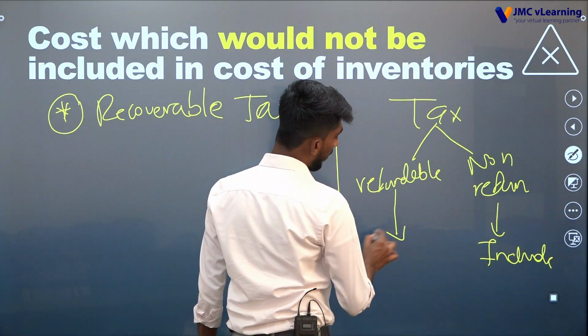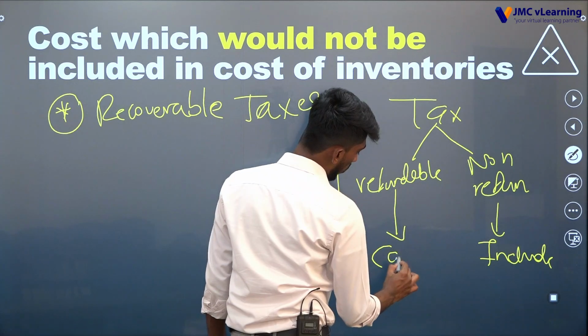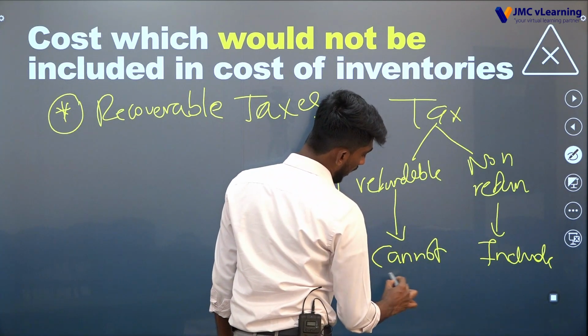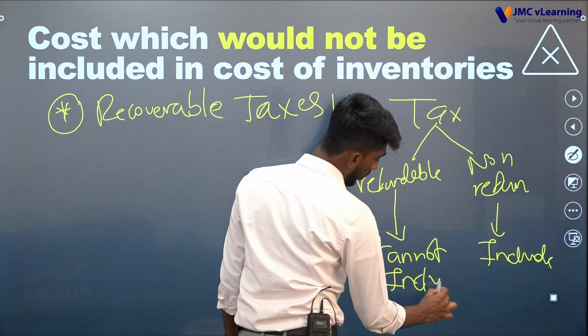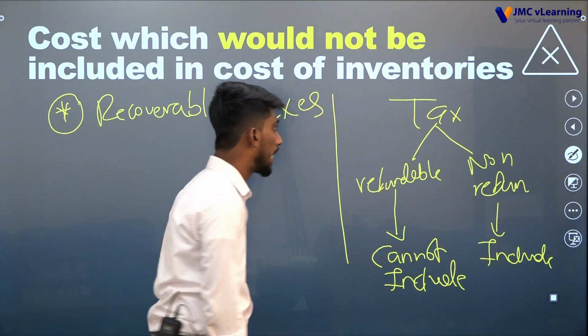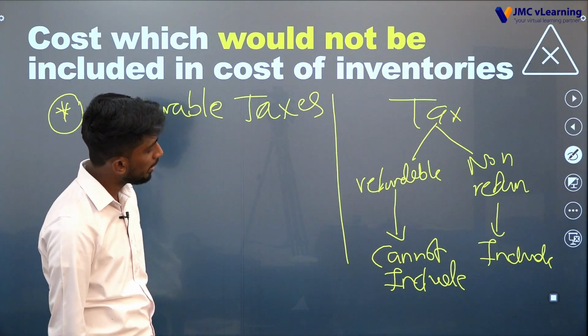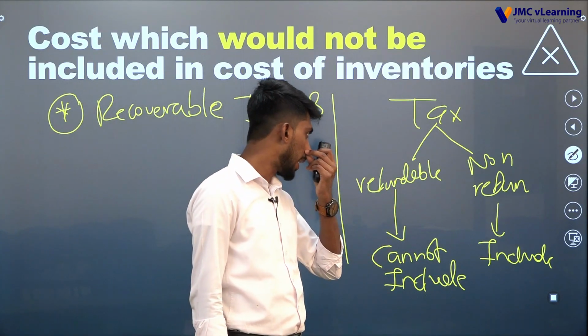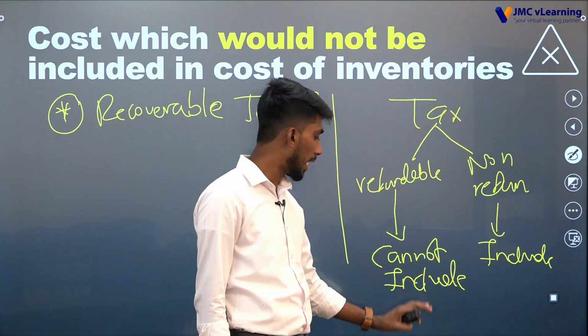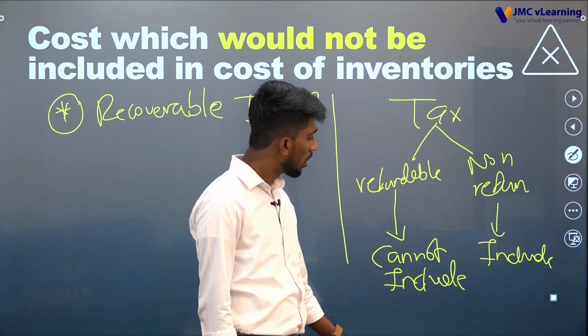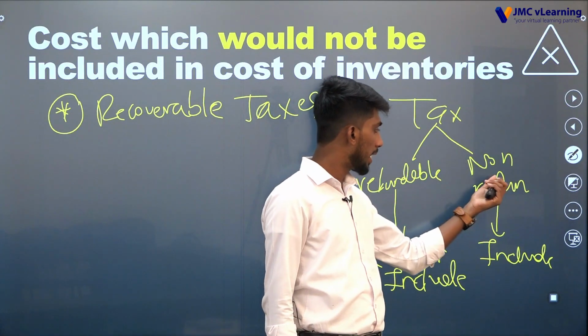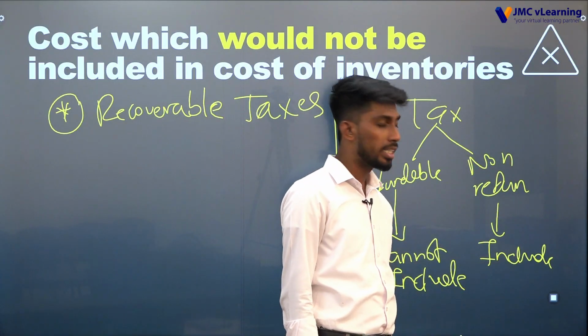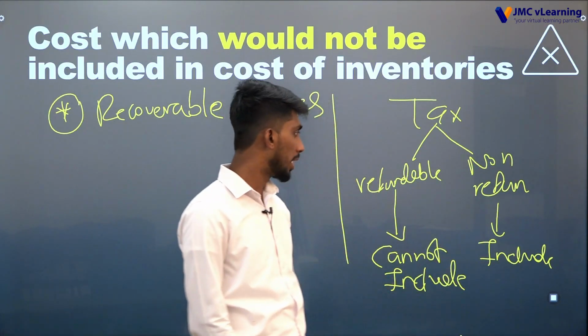If the tax is refundable, we cannot include. So keep in your mind, when a tax is given as a refundable tax, you cannot include it in the cost of the inventory. When the tax is a non-refundable tax, you can include it in the cost of the inventory.